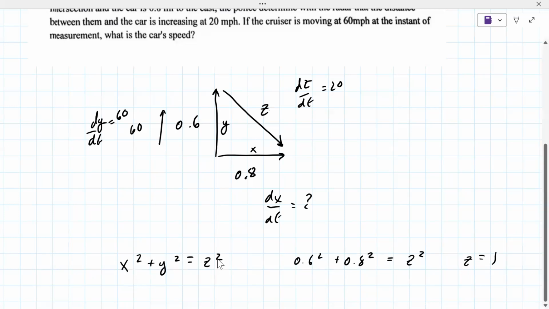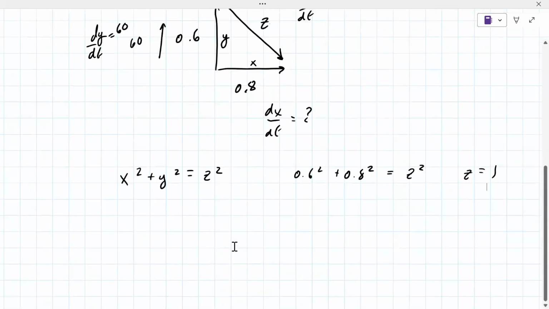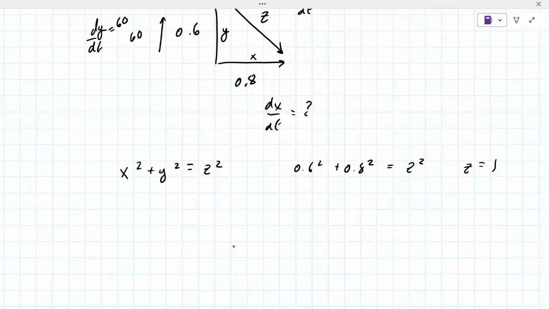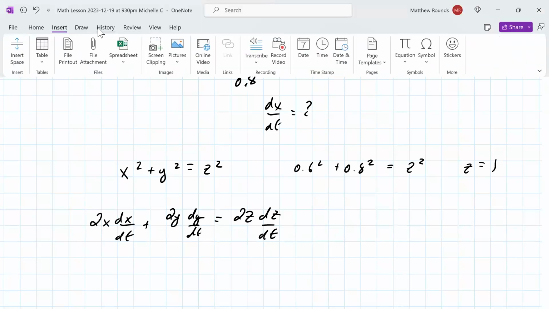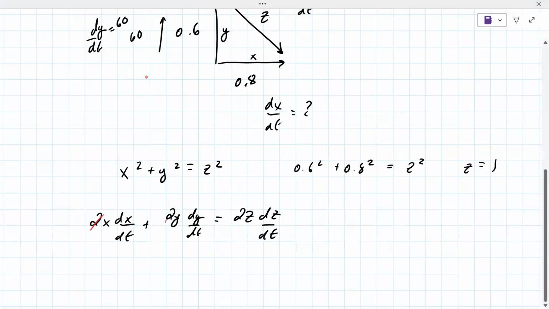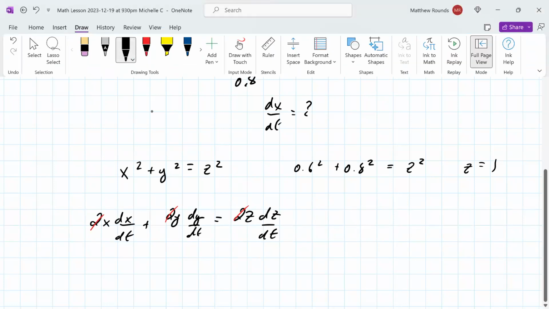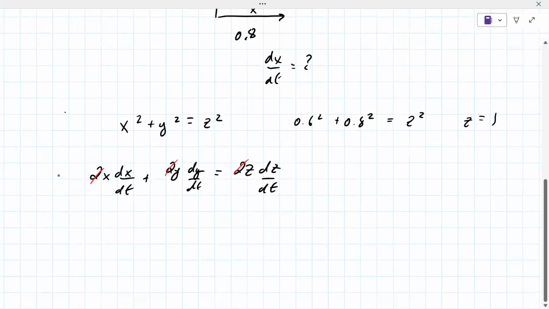The next thing is you have to take a derivative of this. Is that something you've been doing in class? Yes. So it's 2x dx/dt, it's a related rate, plus 2y dy/dt equals 2z dz/dt. They all have a 2, so you should cancel them all out. Gone, gone, gone. And then you figure out which one you're solving for, because in another problem it might be a different one.